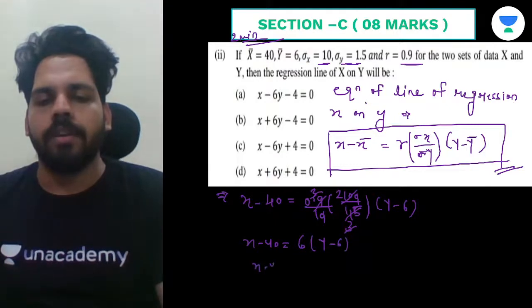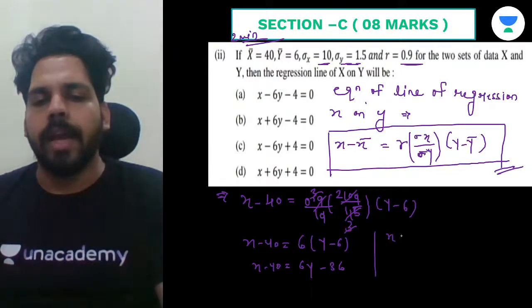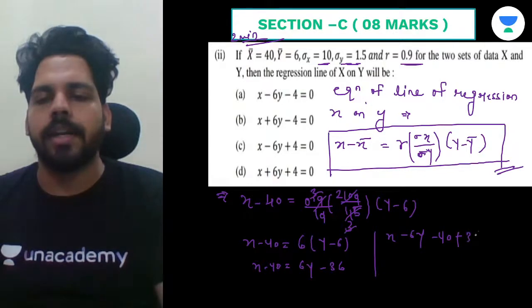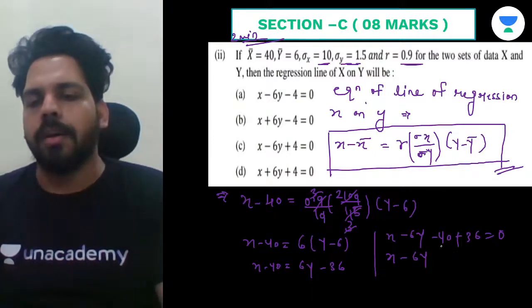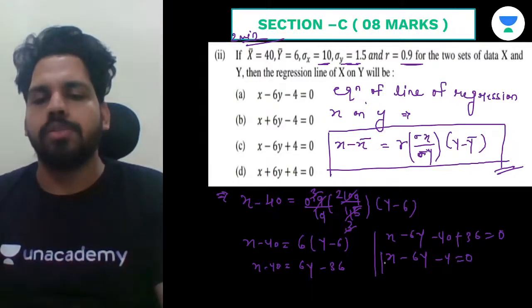So we can solve it further. X minus 40 is equal to 6y minus 36. So we are getting x minus 6y minus 40 plus 36 is equal to 0. Right? So x minus 6y minus 40 plus 36, that is minus 4, is equal to 0.